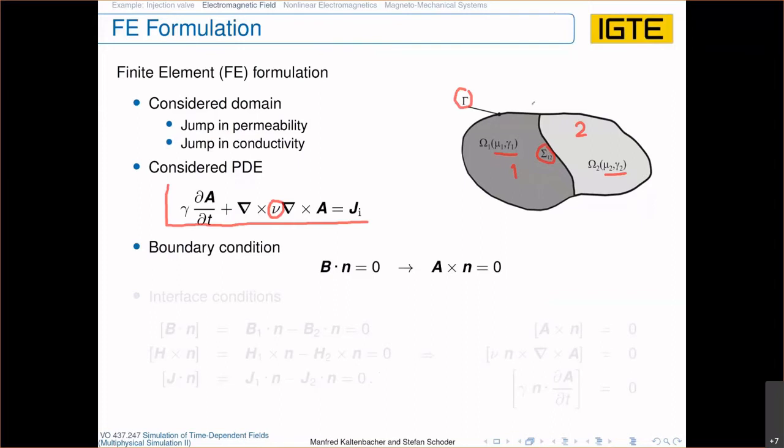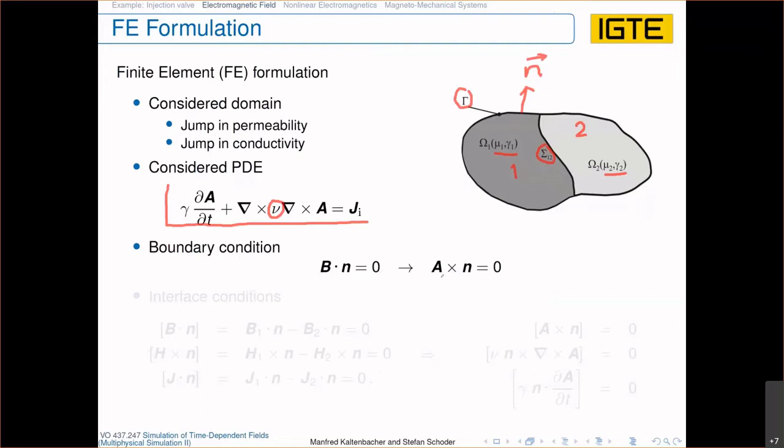So if this is, for example, the normal vector, the normal component of B along the boundary should be 0.